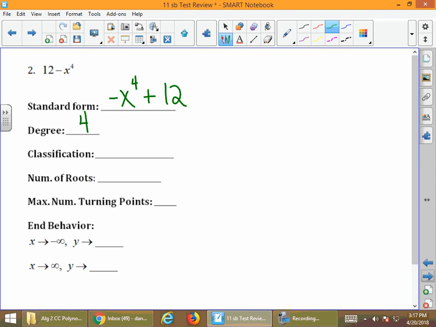The classification for a 4th degree polynomial is called a quartic. And since our degree is 4, the number of roots that we have is also 4. Our turning points are 1 turning point less than the degree, so we have 3.